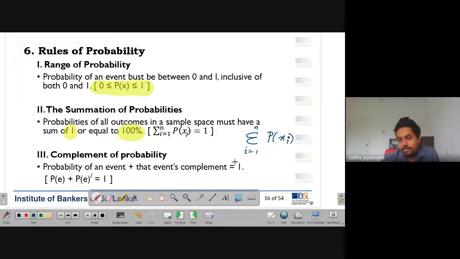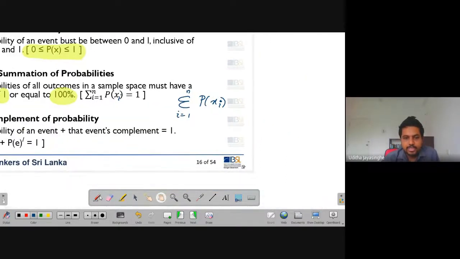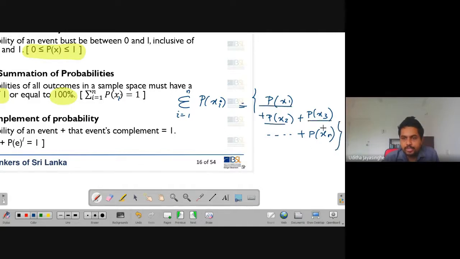This means we are adding up p(x1) plus p(x2) plus p(x3), likewise up until p(xn). This is the addition of all these individual probabilities.